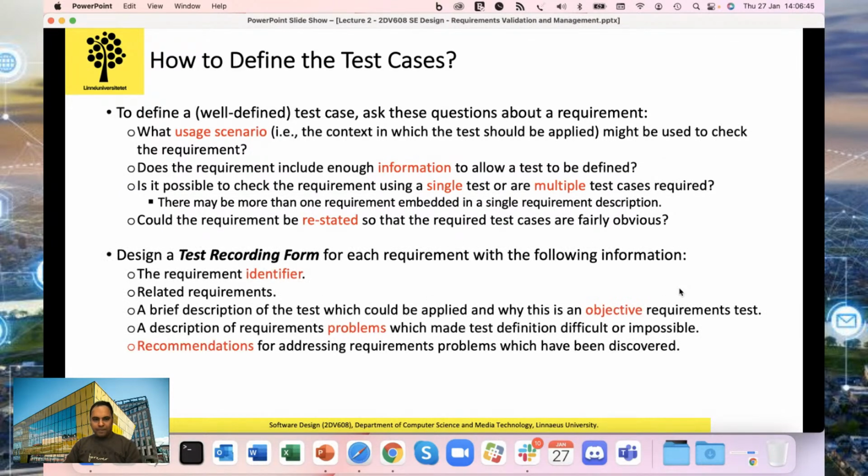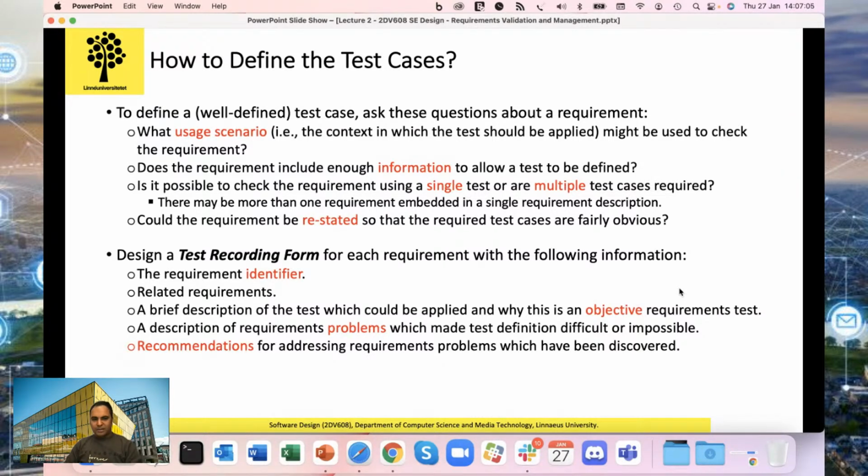You should also have a test recording form. This is not something you should have in your assignment, but it is a good practice for testers or developers in real-life development companies.